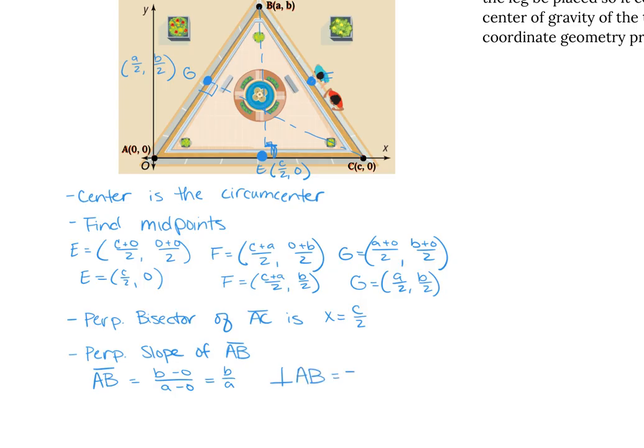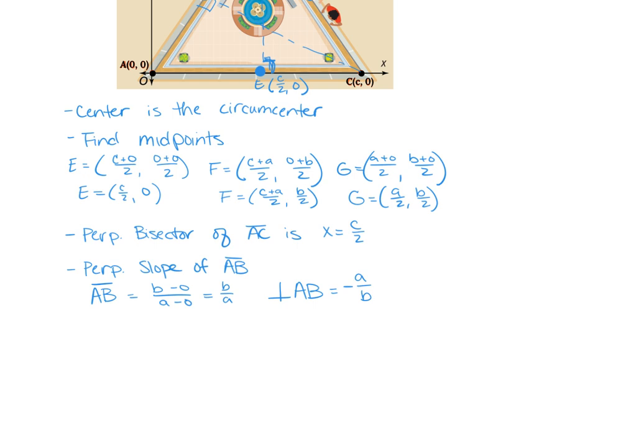My negative reciprocal would be negative A over B. Okay, so now we want to create an equation of the line. So y minus, we're going to use our points for G, that's the midpoint of AB. So y minus b over 2 equals that perpendicular slope, negative a over b, times x minus a over 2. Okay, so I'm using this point into my point slope formula.